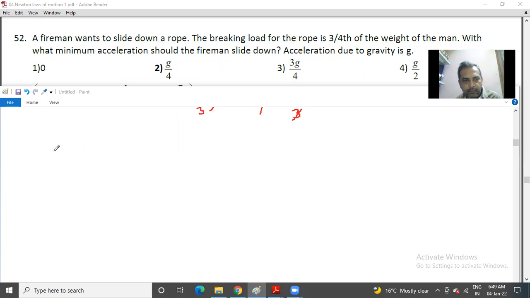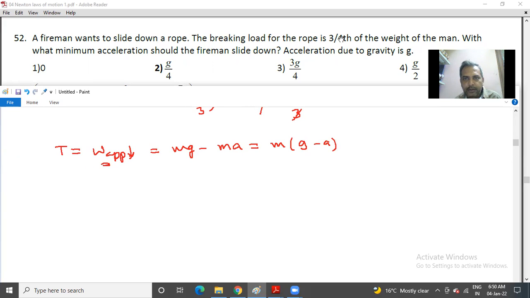While moving downwards, just now we have taken that W apparent moving down is equal to mg minus ma, or you can also write, taking out common, m of g minus a. While moving down, they mentioned that apparent weight or tension or braking load will be 3/4 of the weight of the man. So this is mg minus ma.